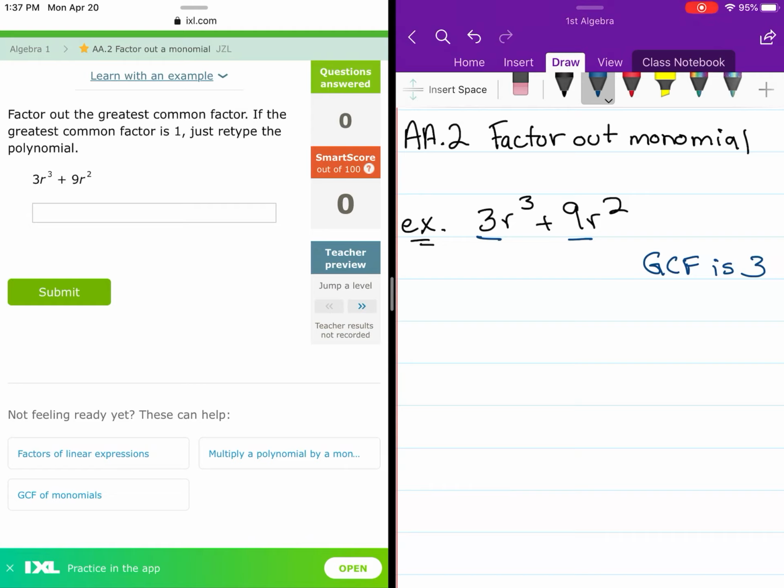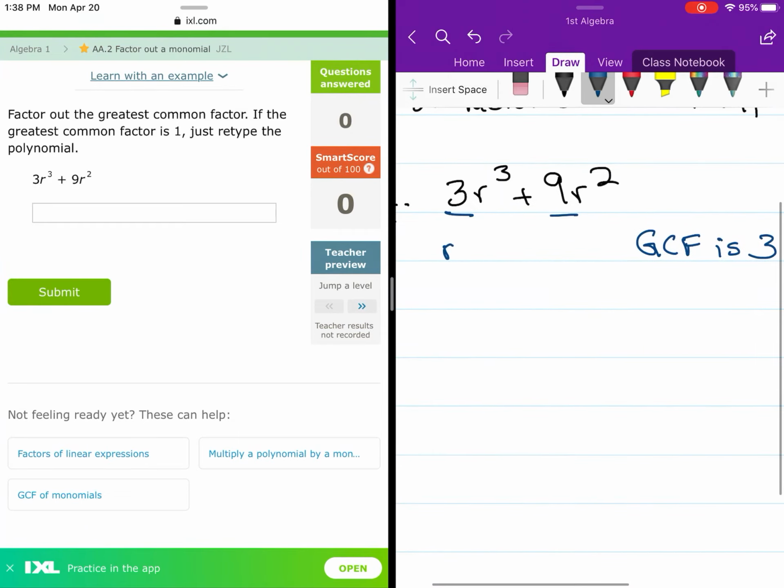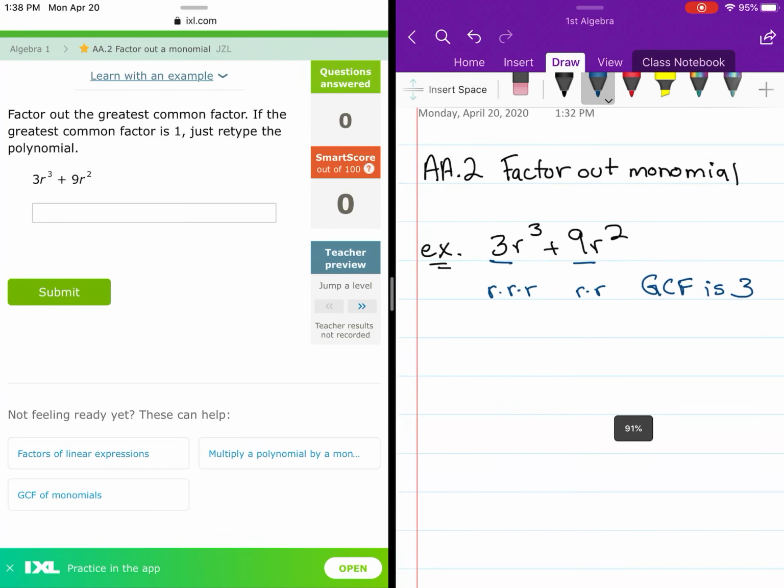Then from there, we also have to find the greatest common factor in the variables, if any. So if you look at the first term, we have a total of 3 r's there. R to the power of 3 means that you have r times r times r. And r to the power of 2 means that you have r times r.